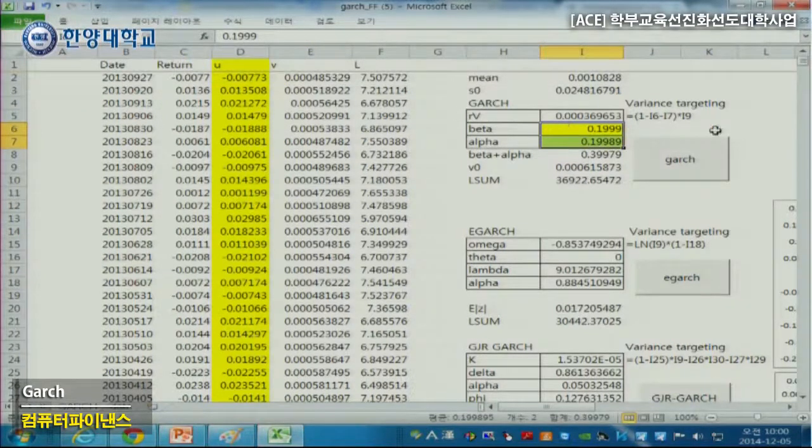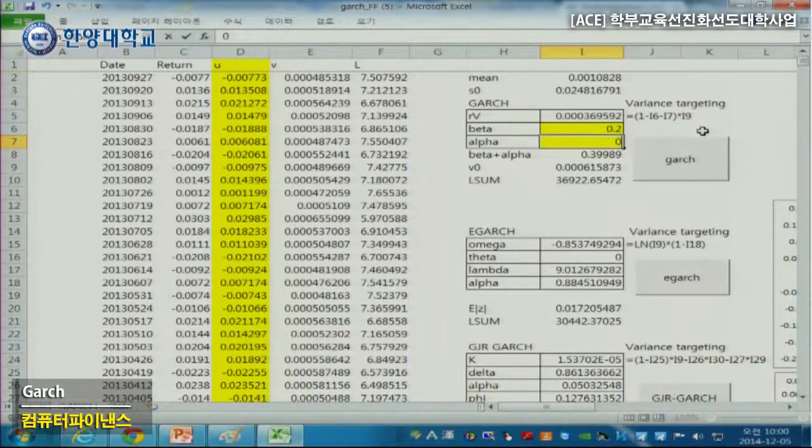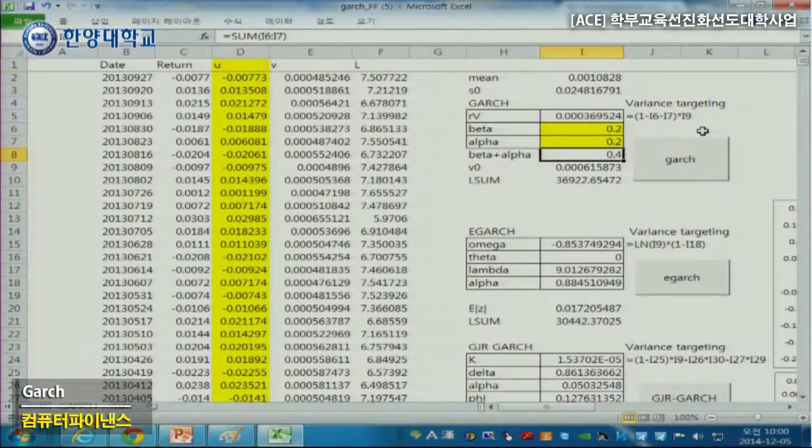Let's say our initial guess is 0.2 and 0.2. This is our initial guess, and alpha plus beta is 0.4, which is less than 1. From our initial guess, now we can calculate the V, right?